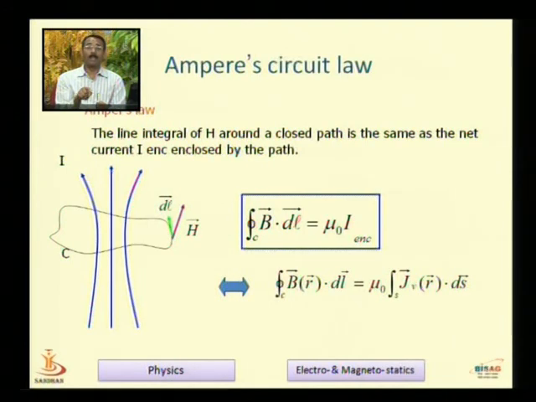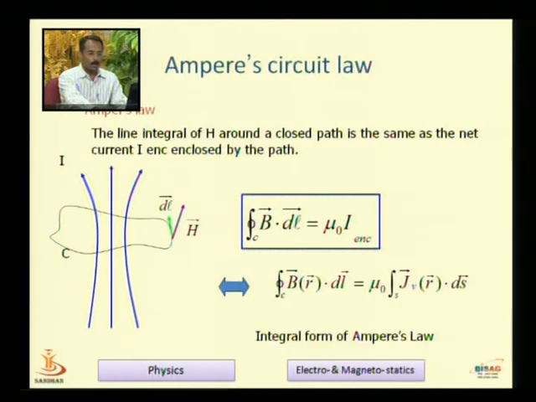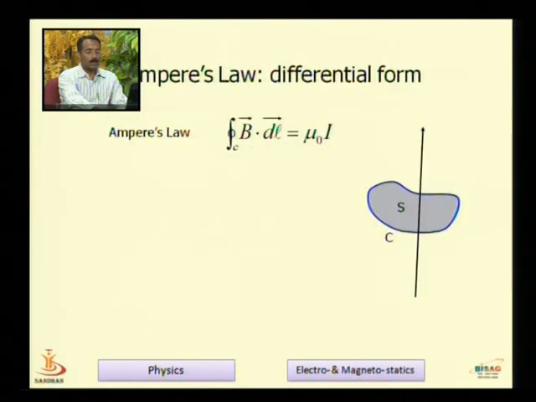Whenever there is a symmetry in the current distribution, then it is easy to use Ampere's law in order to find out magnetic field. And here the current we are considering is the current enclosed within the Ampere's loop. So this is Ampere's law.